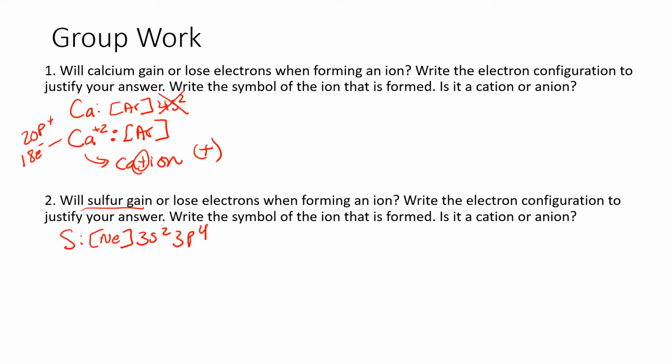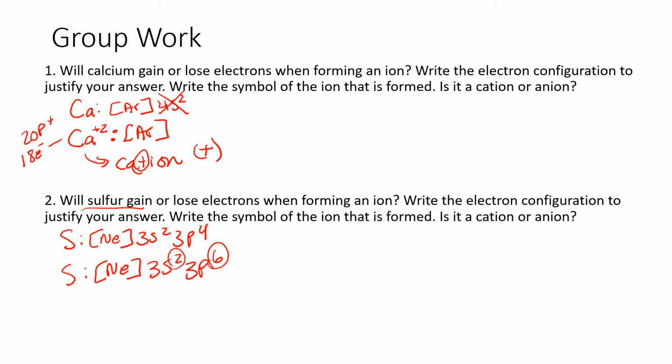Think about that for a second. All right, hopefully you thought it would be best to gain 2 electrons. So I'm going to show you how that works. You still have neon, and then here's 3s2. If I gain 2 electrons, this becomes 3p6. Do you see how that's 2 and 6?